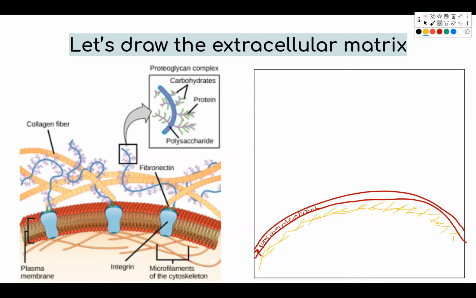If it helps, you can label this inside of the cell, outside of the cell, because we're not drawing an entire cell, just a portion of it. So down here, these are our microfilaments.